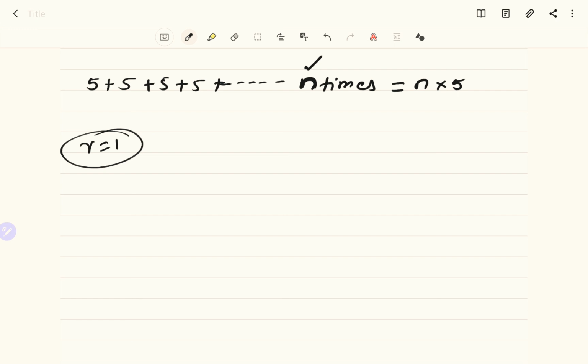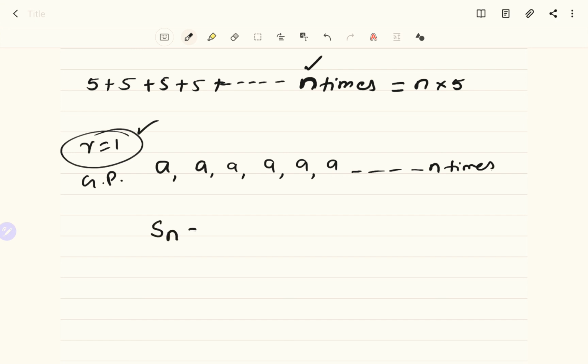So on the basis of this, let's derive a formula for a sequence whose R value is 1. If R is 1, then the first term itself reflects in each and every term of that sequence. Let's say this is up to n times. This is a geometric progression in which the ratio of successive terms is 1, and if you want Sn in this case, make sure that you add all these A for n number of times.